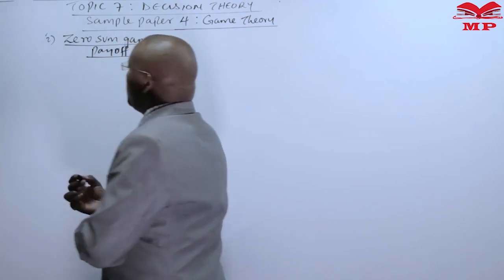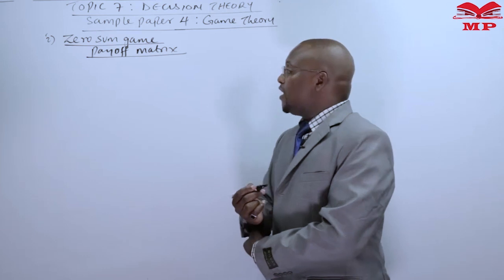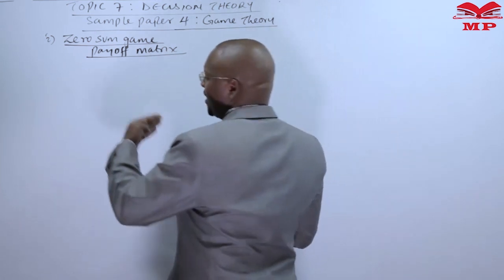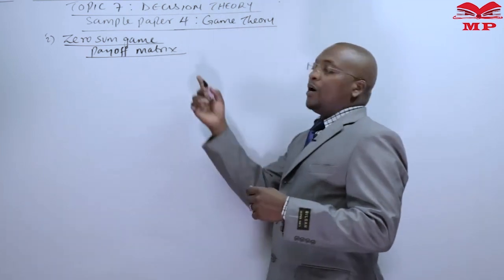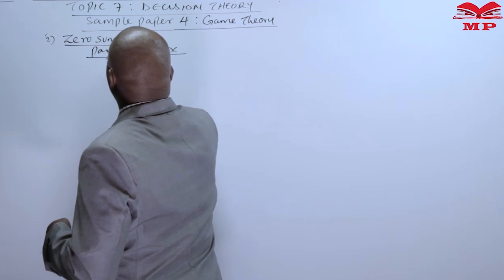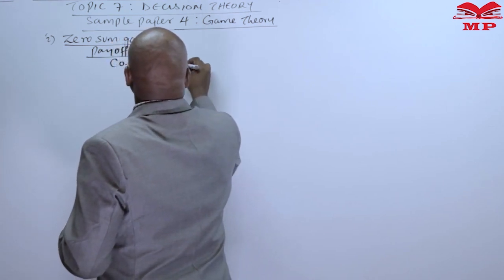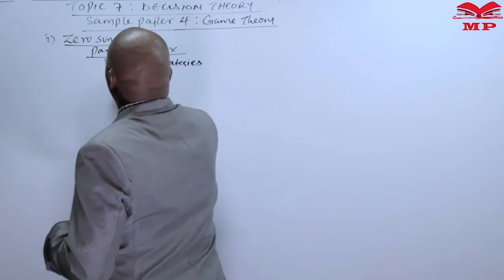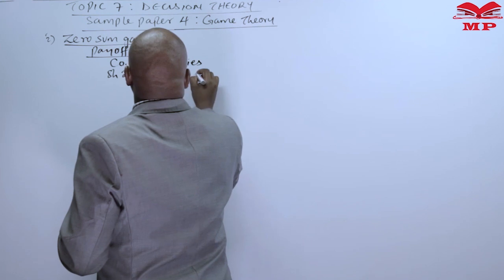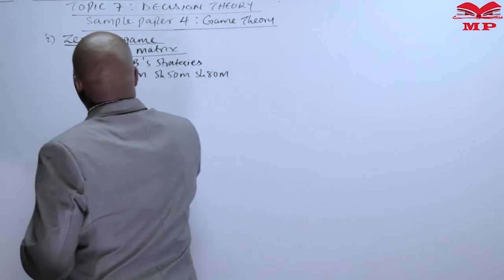When you're indicating a payoff matrix for a two-person game, then we must indicate the one first player on the side, the other player up here with their respective strategies. For example, here you have company B's strategies, which is shillings 25 million, shillings 50 million, and shillings 80 million in research and development.